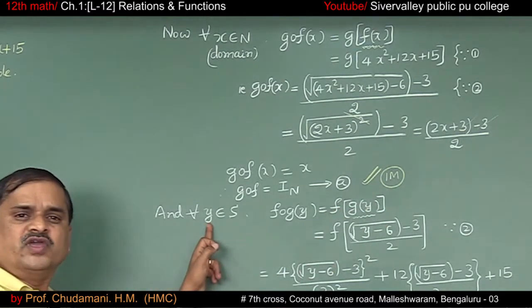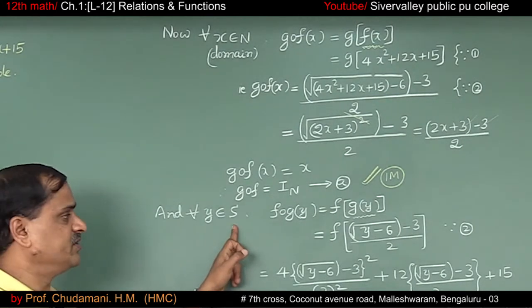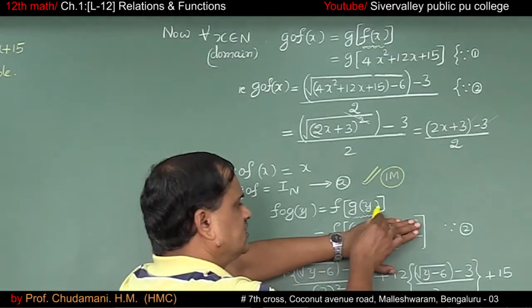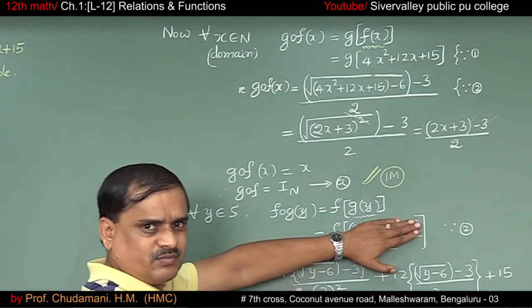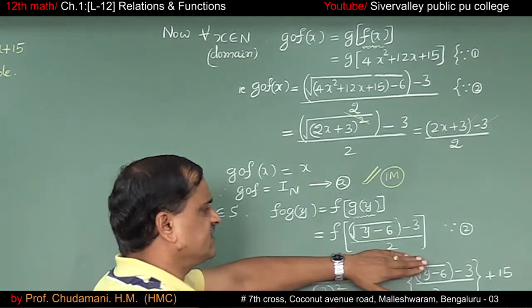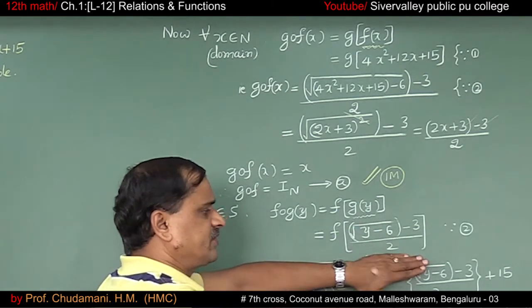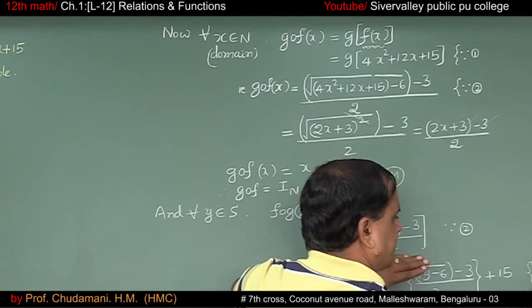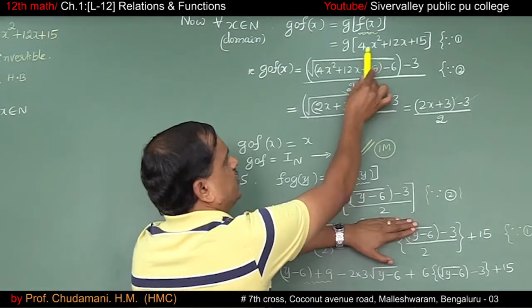And for all y belongs to the range of the function, that is the closed interval 6 to infinity, f o g of y is equal to f of g of y. Look at g of y. g of y means from equation 2, root of y minus 6 minus 3 divided by 2. I have written here. This is just like f of x. Please observe carefully. f of x from equation 1, we can write this as 4x square.